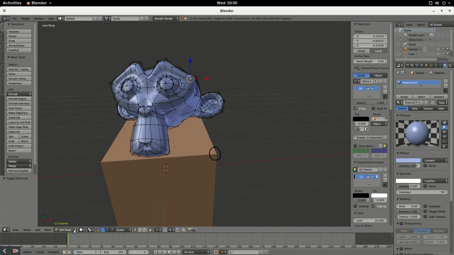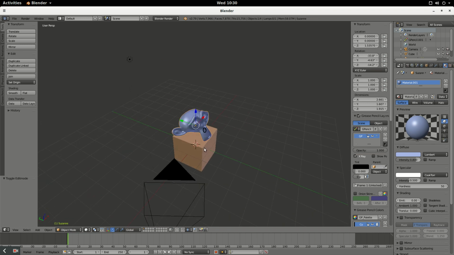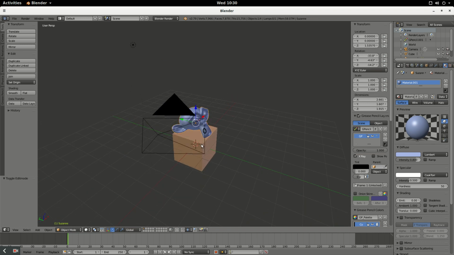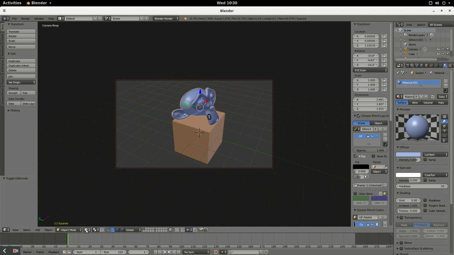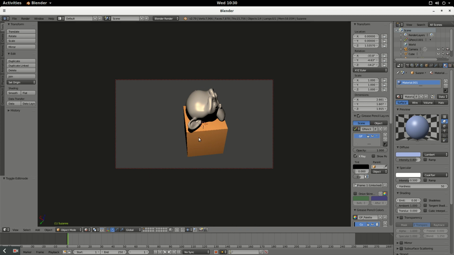Let us look at a quick example. Let us go into the object mode and the rendered mode, but before doing that, let us look at the setup. Right now the viewer is over here, and this is our light source. If I go into the rendered view and look from a different angle, do you see the reflection? This is where the light source was, and it looks really bright right here.